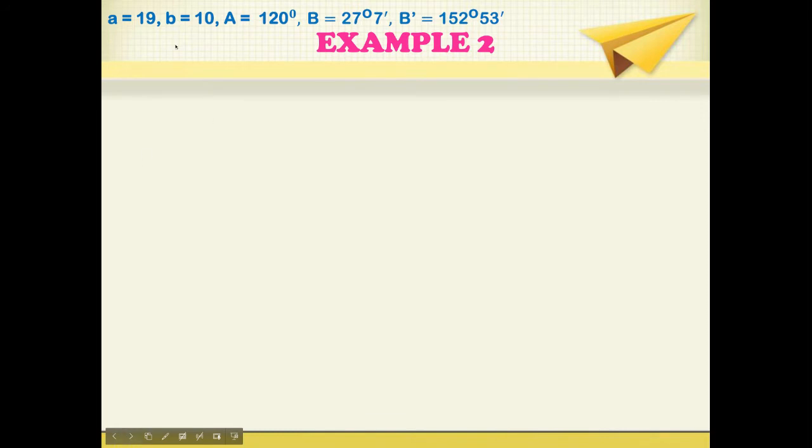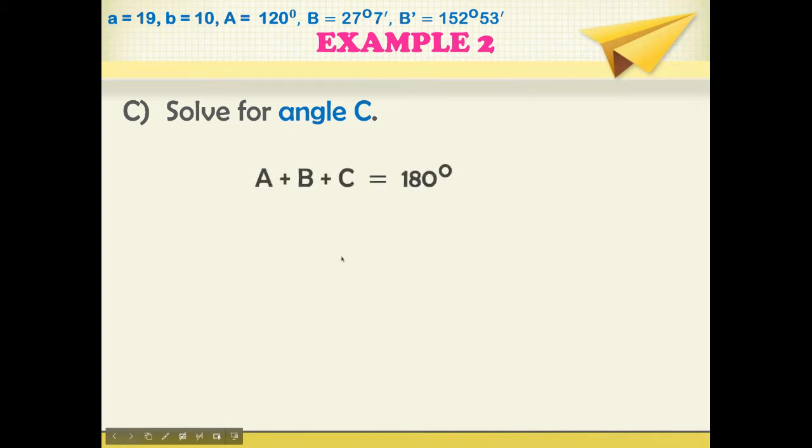So now we have sides A and B, angle A, angle B, and angle B prime. So let's now solve for angle C. Adding up all three angles, A, B, and C, we will have the sum, which is 180 degrees.